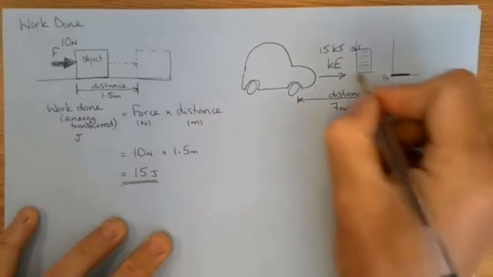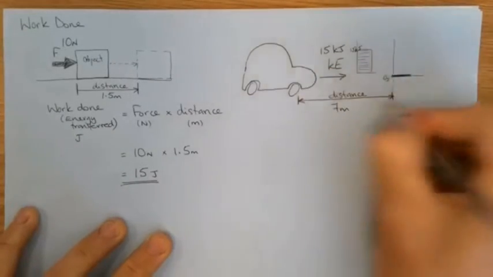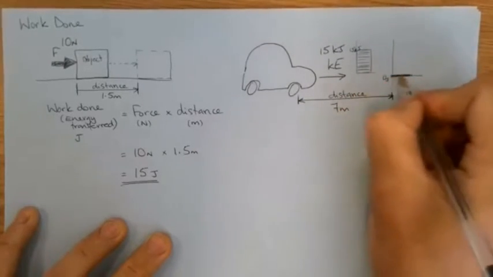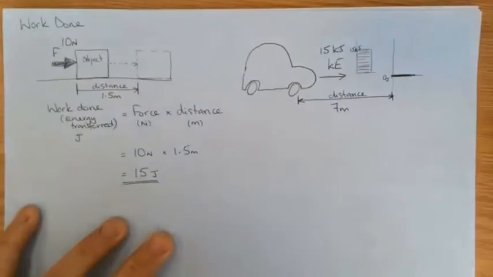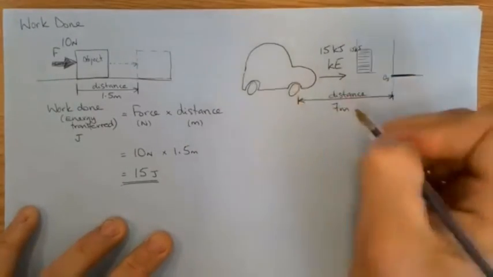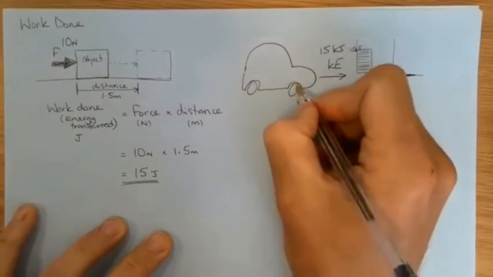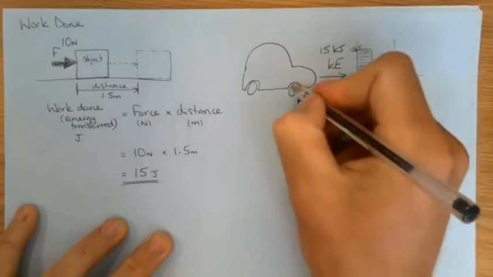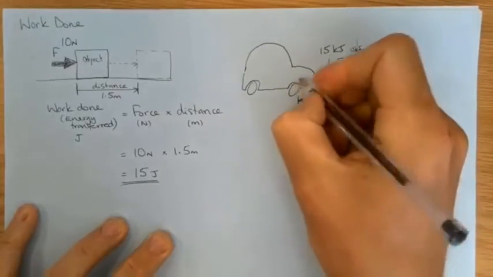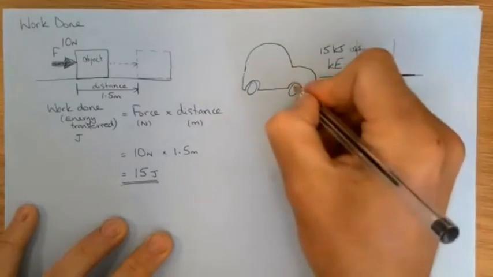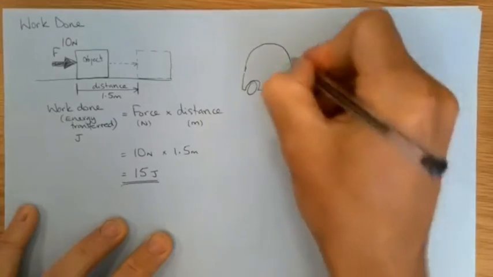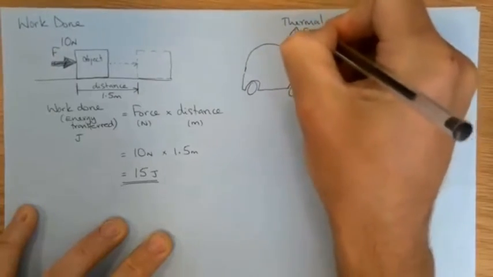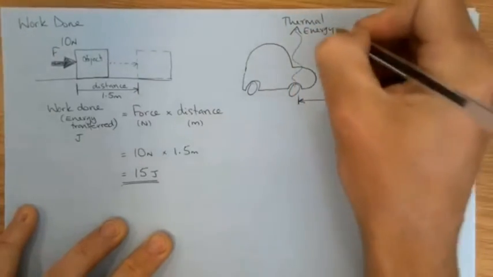So by the time we get from here to here, the kinetic energy store has reduced down to 0. So where's the energy gone? What has happened is the brakes have been applied here, so there's a force being applied, and as the brakes heat up, the kinetic energy store turns to thermal energy, so the thermal energy store goes up.